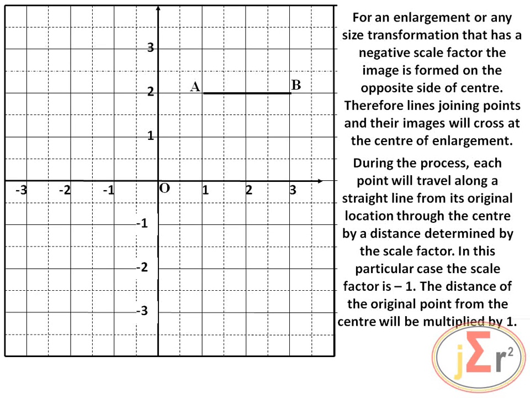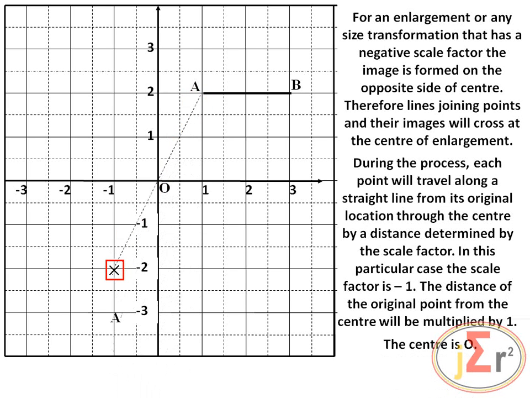The distance of the original point from the center will be multiplied by 1. So the distance is the same, which is 1, and the negative scale factor means that it will be formed on the opposite side of the center of enlargement. So the center is the origin in this particular case. That point goes there.